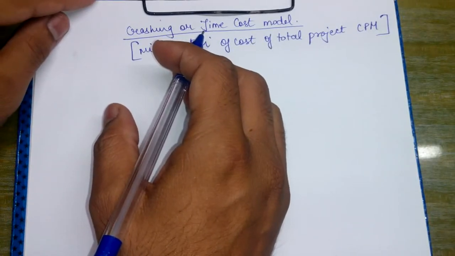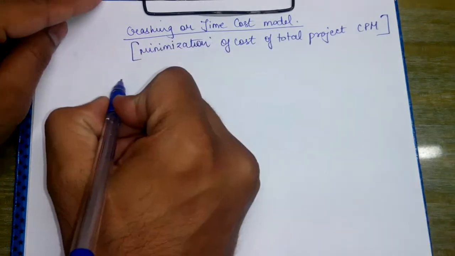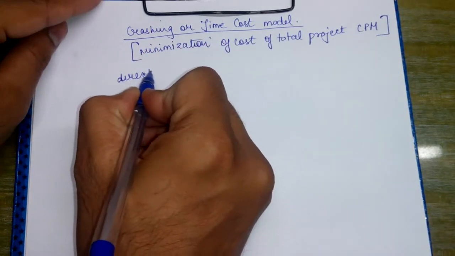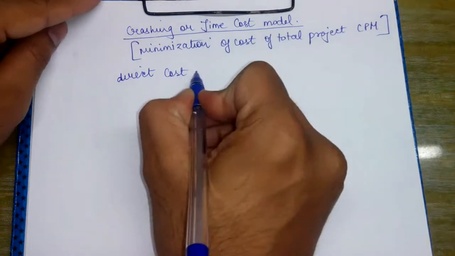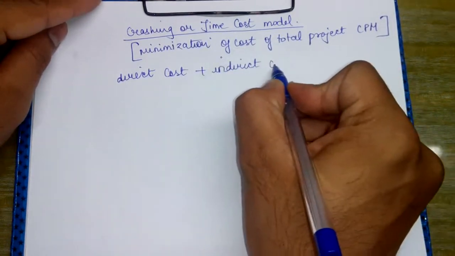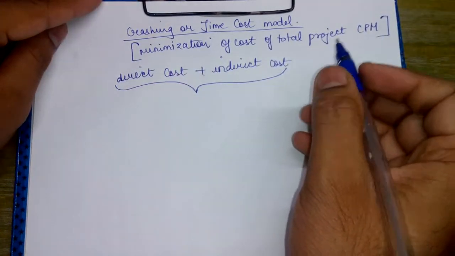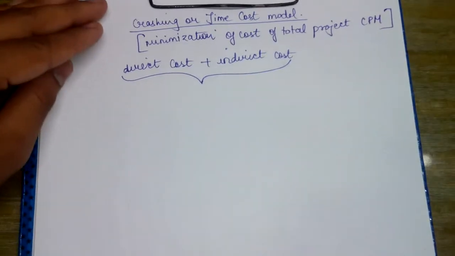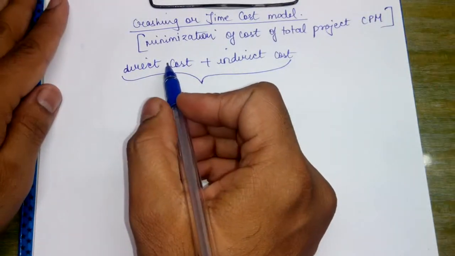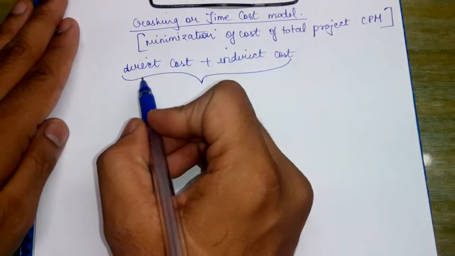So the total cost of any project consists of the direct cost plus the indirect cost. The cost of any project is mainly made up of these two types of cost, that is the direct and the indirect cost. The direct cost is the cost which is directly involved in the execution of the activity.